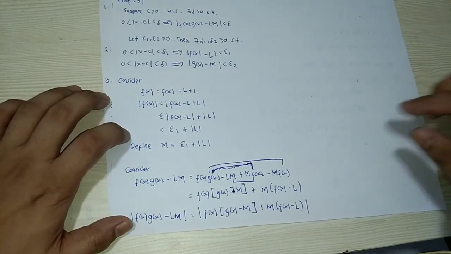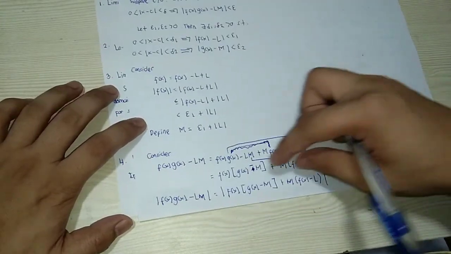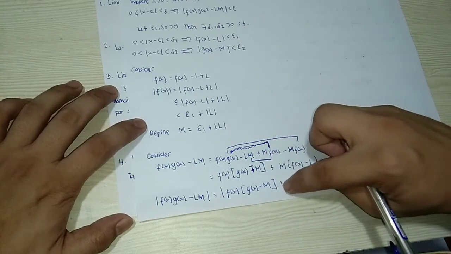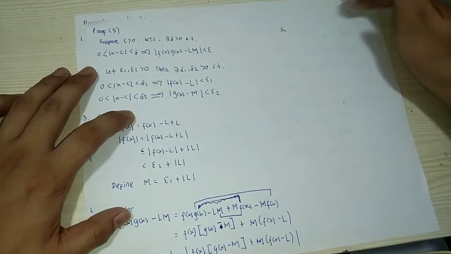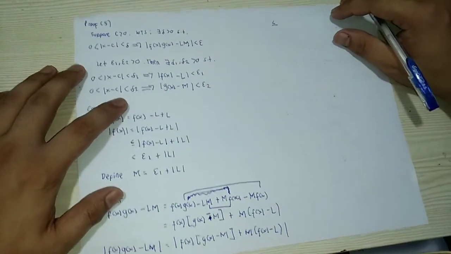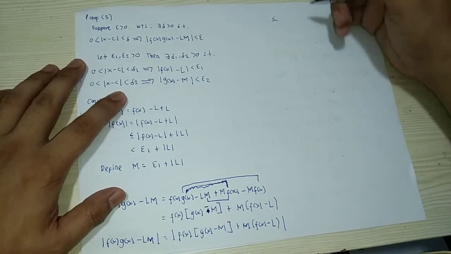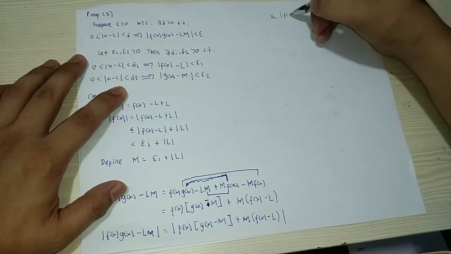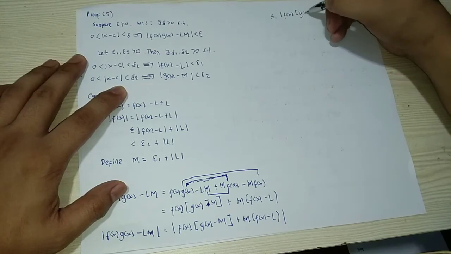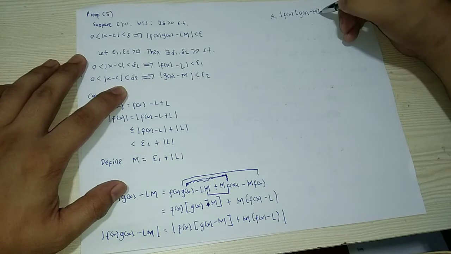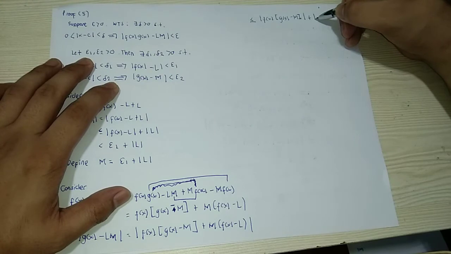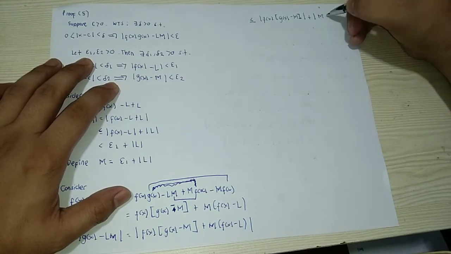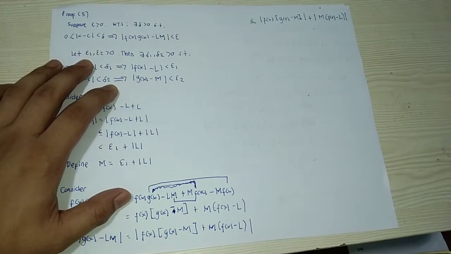Then next, pwede natin gamitin yung triangle inequality dito pag hiwalayin natin yung absolute value kasi merong plus. So this will be less than or equal to absolute value ng f of x, g of x minus m plus absolute value of m f of x minus L. Okay?